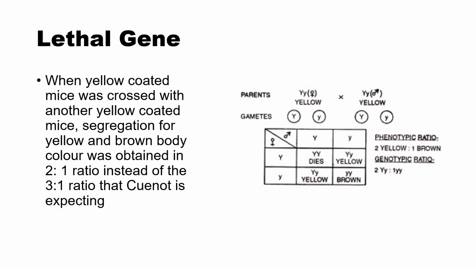So, here is his experiment. When yellow-coated mice were crossed with other yellow-coated mice, segregation for yellow and brown body color was obtained in a 2:1 ratio instead of the 3:1 ratio that Cuénot was expecting.